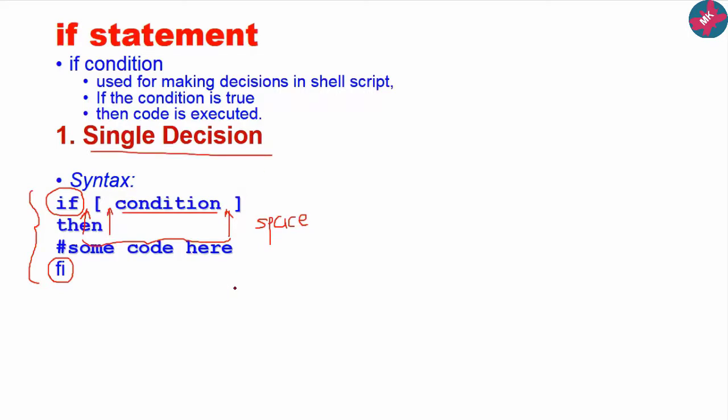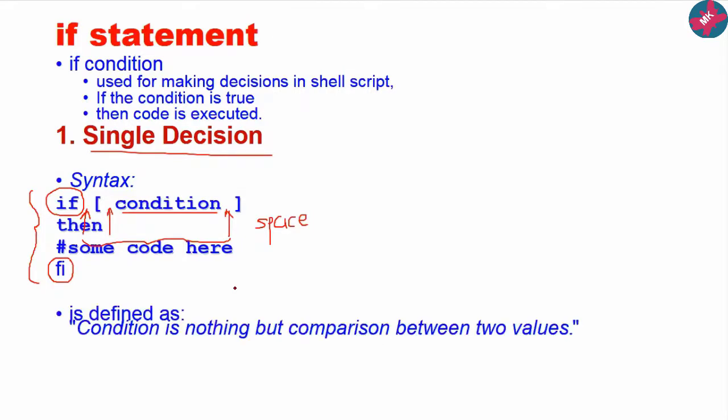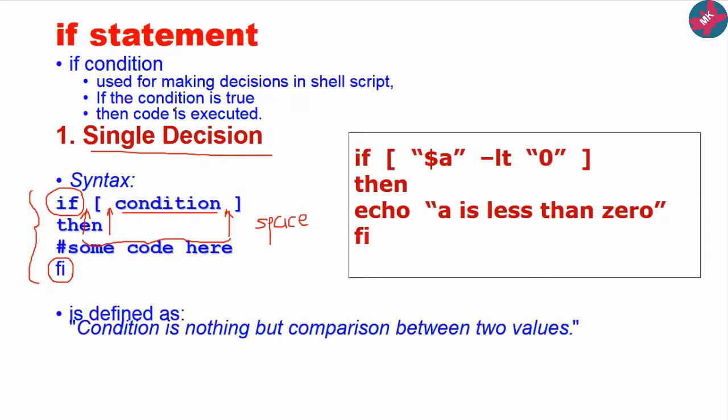Now let us take one example for this. Suppose I just want to check whether a particular variable is less than 0 or not. Remember the spaces here, here and here, and in front of this operator also here and here.